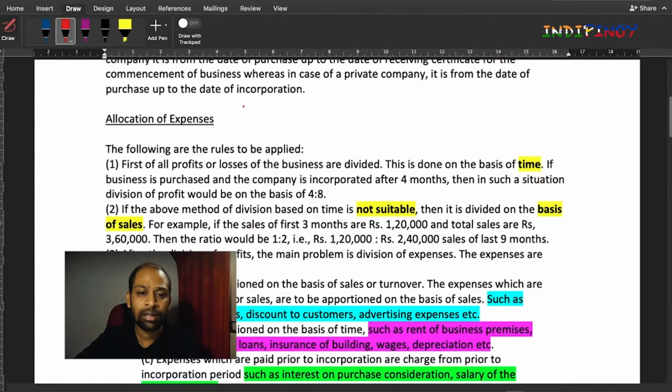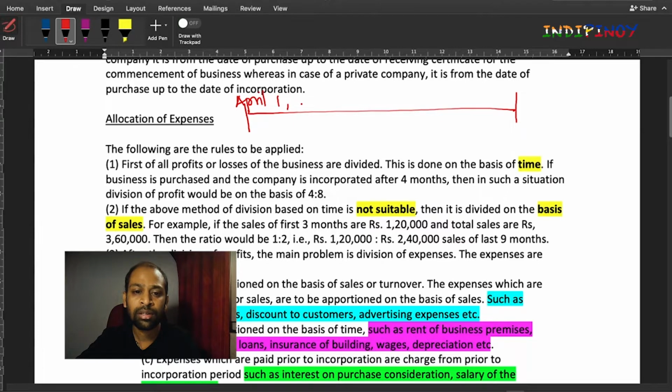So for example, we'll put a timeline here. Let me select a pen. Let's put this timeline here and say we have April 1 till March 31. Say this is 2000 and this is 2001.